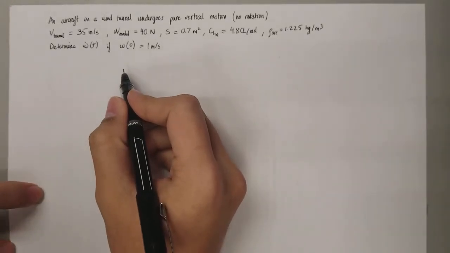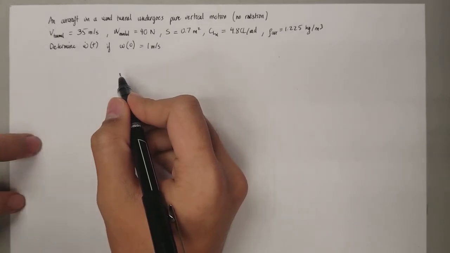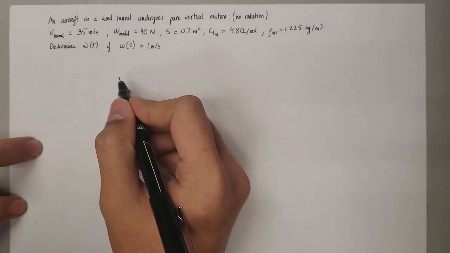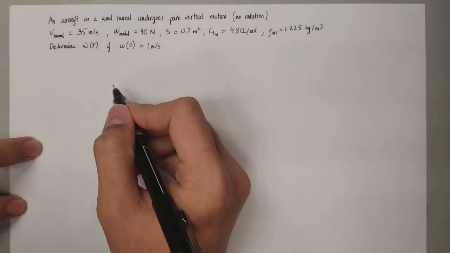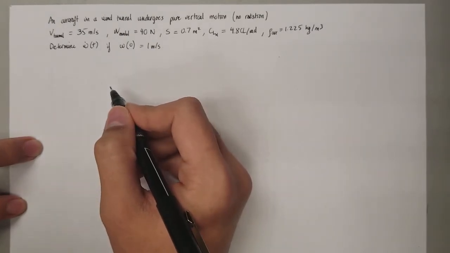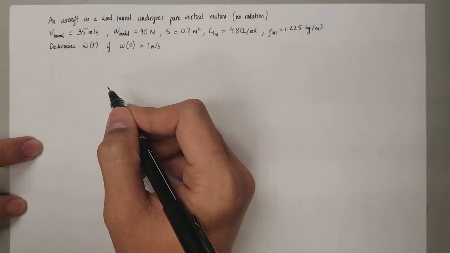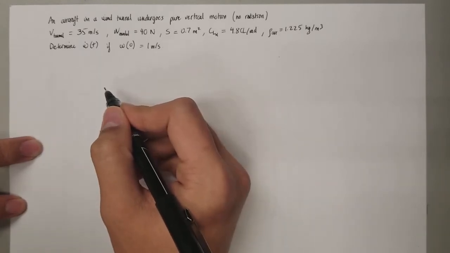Hey guys, this week I'll be doing an example problem showing you how to use the equations of motion to solve a typical dynamic stability problem. As you already learned during class, there are a total of 12 equations that completely describe the motions of an aircraft.